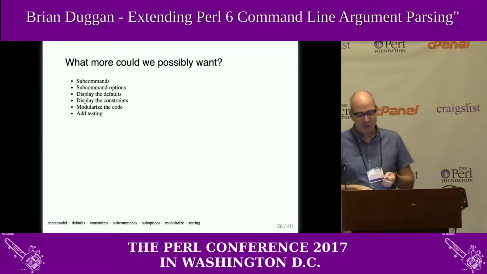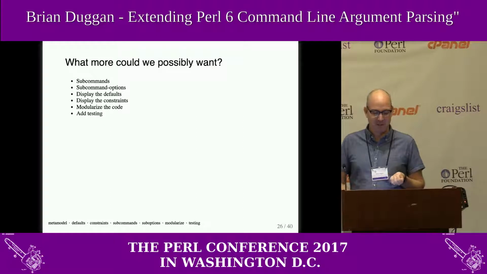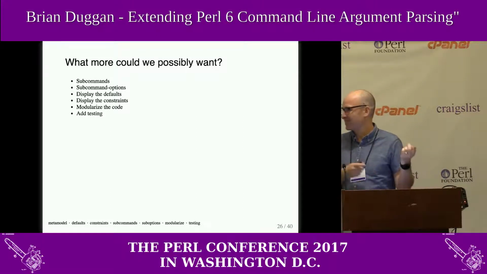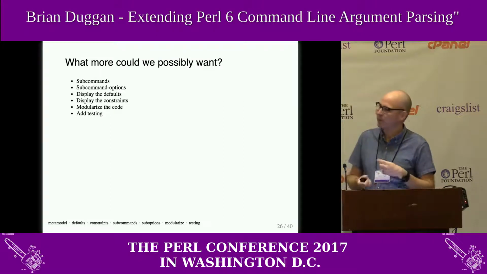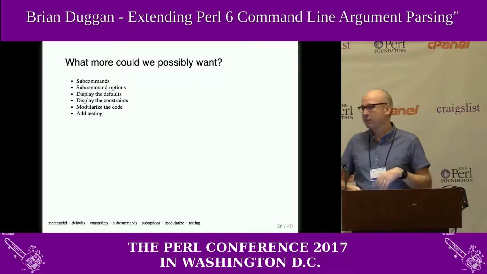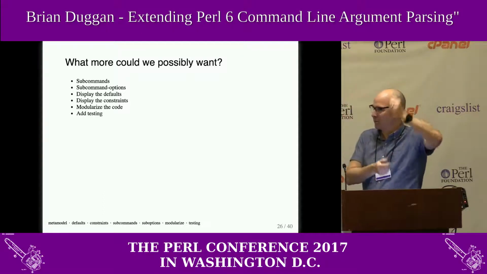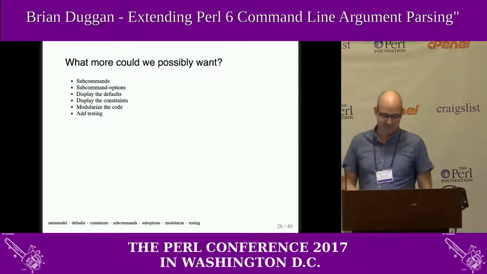So I'm going to go through a few examples of extending the built-in stuff to support subcommands, options for your subcommands, displaying the defaults, which is one of the things that I said doesn't happen with the built-in stuff. Displaying the constraints, and then finally, as the code base gets bigger, you may want to break it out and not have all your mains in one place, and maybe even add some testing.